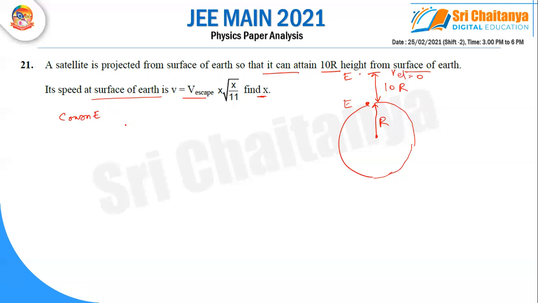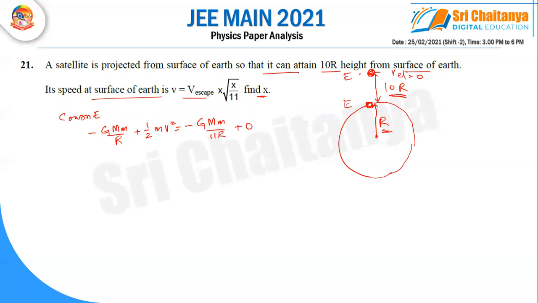Now on the surface of Earth, let me write the total energy: minus GMm by r, the potential energy, plus half mv square. And then at this particular point, minus GMm by 11r, the total distance r plus 10r, plus 0, as velocity is 0.